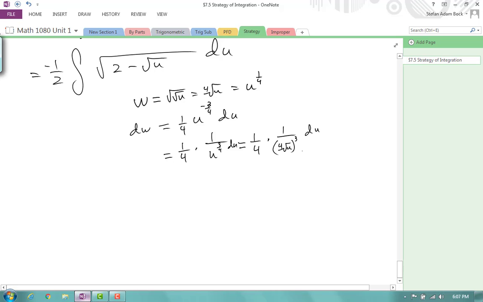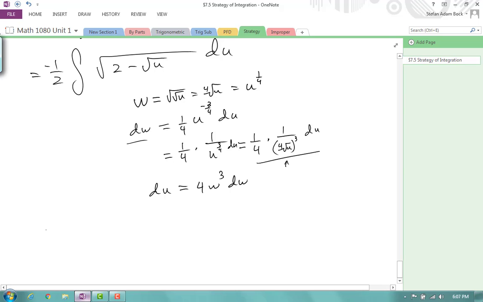Which means if I solve for the du here, I'm going to have du equal to 4 times w cubed dw.